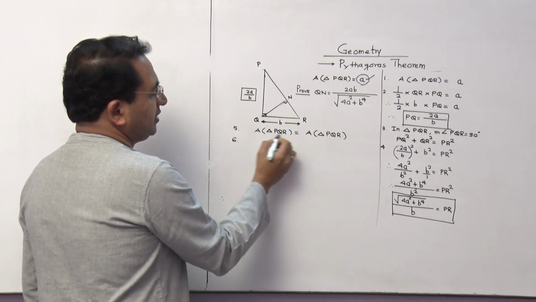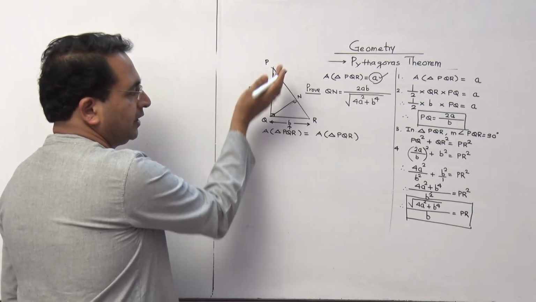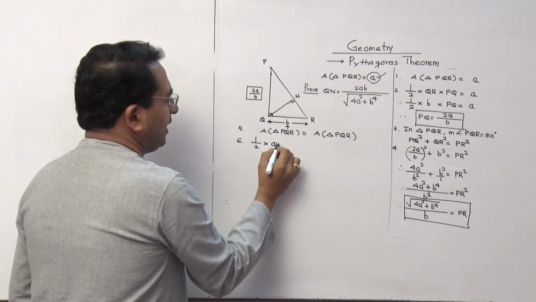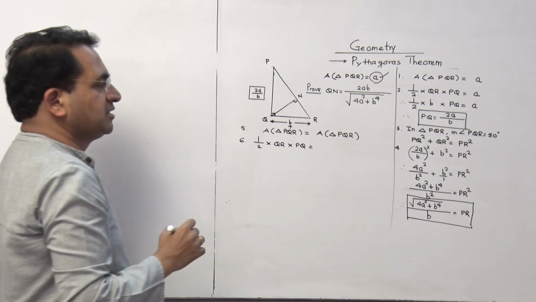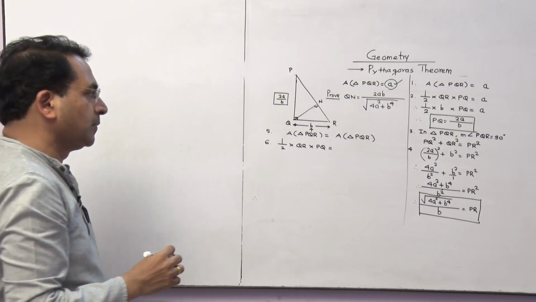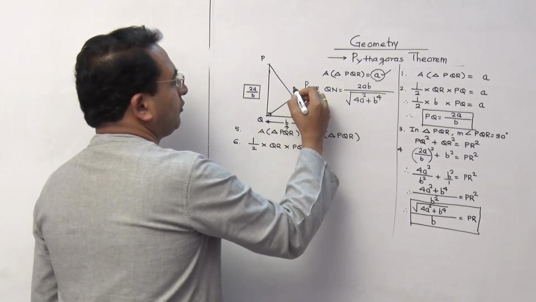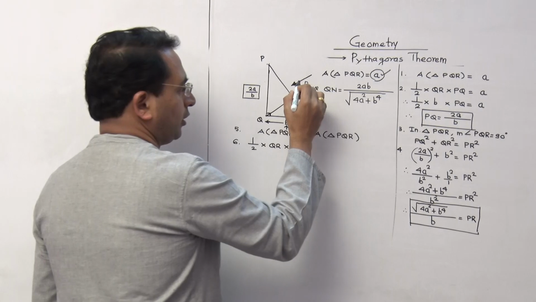Now here for this PQR, you are observing the figure from this side. Then I can write the formula 1 upon 2 multiplied by base multiplied by height. That's why it is written as PQ. Correct? Now if you are observing this same triangle, but what will happen? You are observing the figure from this side. You are the observer.